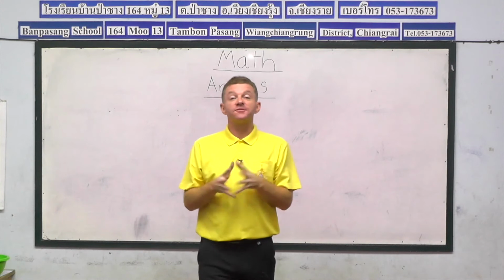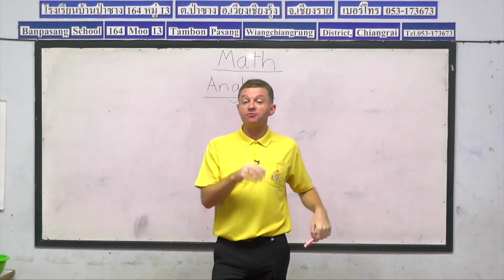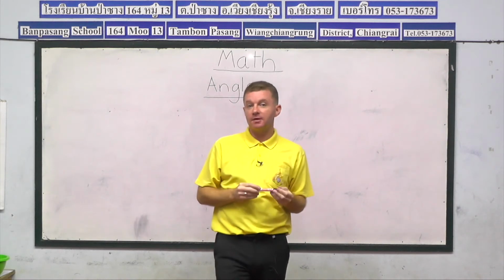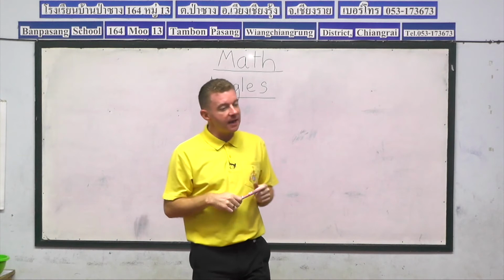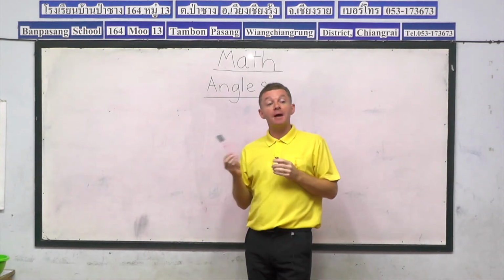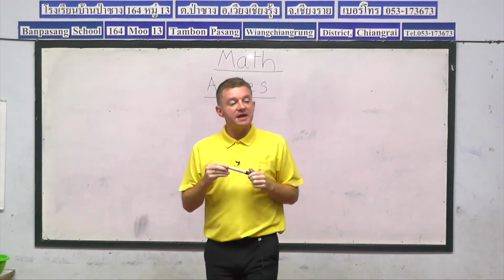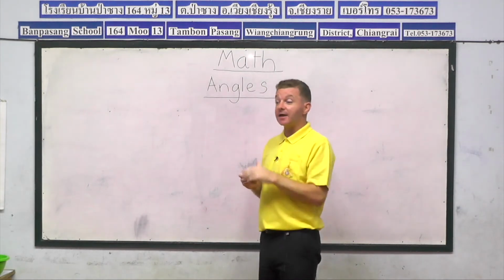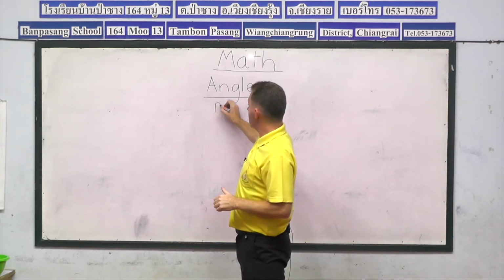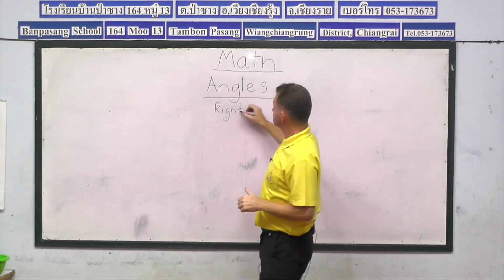So now it's time for our flashcards exercise for our students to demonstrate their understanding of the 3 different types of angles we've learned today. But who can remember, guys, what were our 3 angles called that we learned about in the PowerPoint presentation? Who can remember the names? Right angle, correct. There was a right angle, which was spelled R-I-G-H-T.